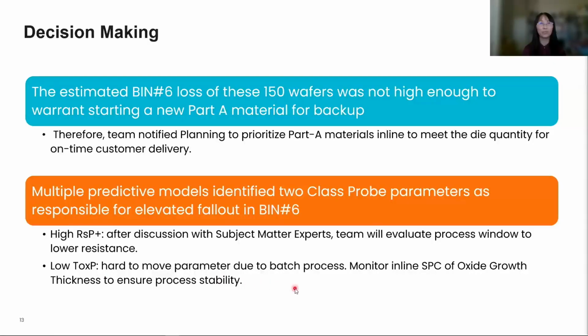You can process different parts under the same technology. So it is not suitable for making a process change. So the team decided that we are going to tighten the control limit in line, to ensure we have a stable performance for this TX.